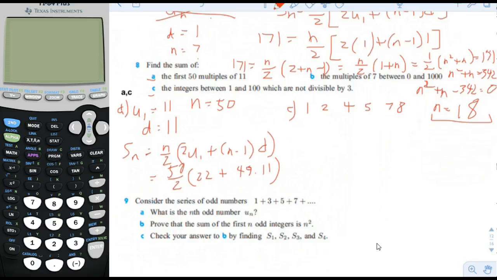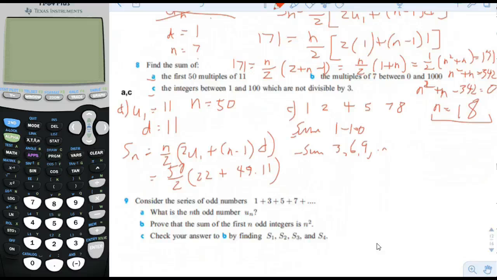I think the easiest way to do this is to find the sum of all the numbers from 1 through 100, then subtract the sum of the numbers that are divisible by 3. For example, 3, 6, 9. So it's easier, I think, if we find the sum of 1 through 100, and then we subtract out the numbers that are divisible by 3.